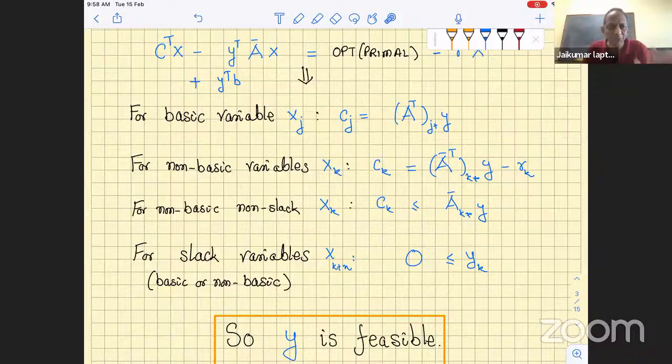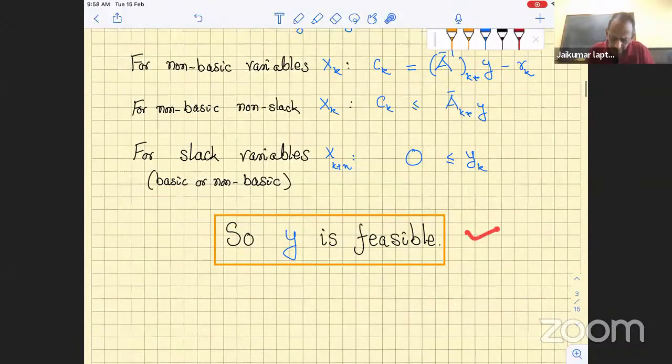So the upshot of all this, had I done this properly, would be that when you look at the final state of the simplex method, you will see that the Y that we cooked up is actually feasible for the dual program. And so we have proved strong duality for this kind of linear programs. Okay.